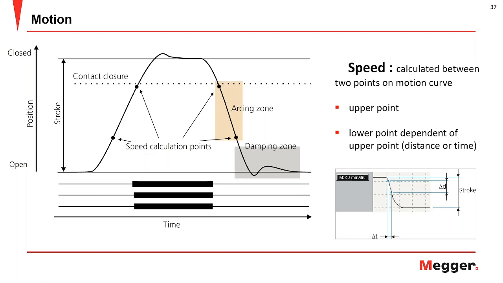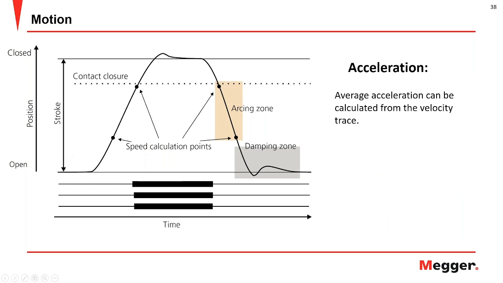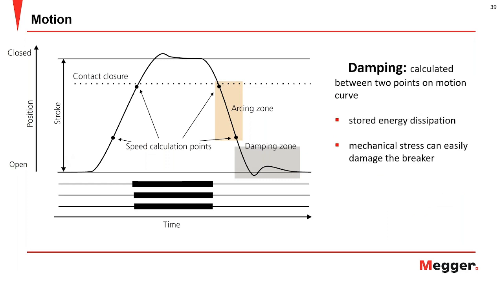It can be a fixed distance below the upper point, or it can be a set time. And the time usually varies between 10 and 20 milliseconds, which corresponds to at least 1 to 2 zero crossings.